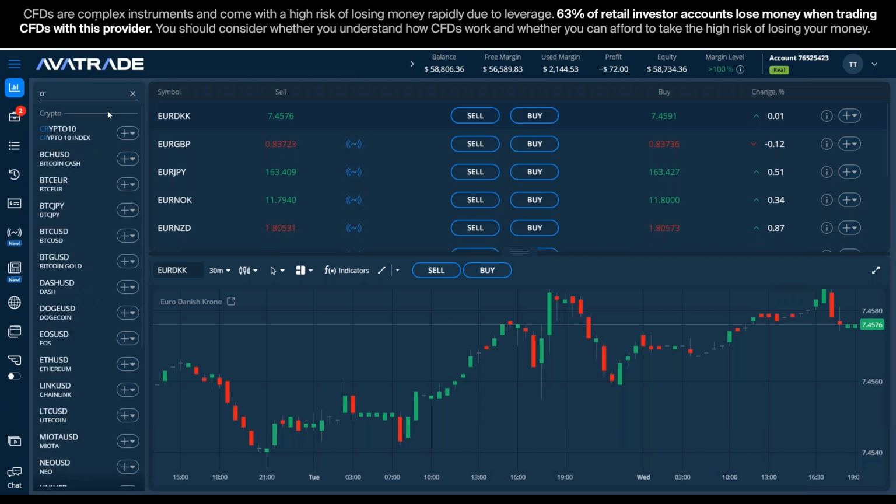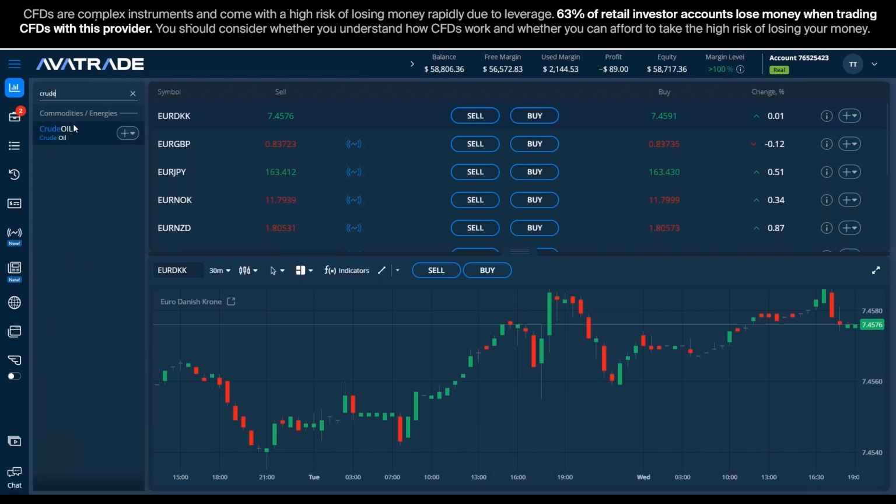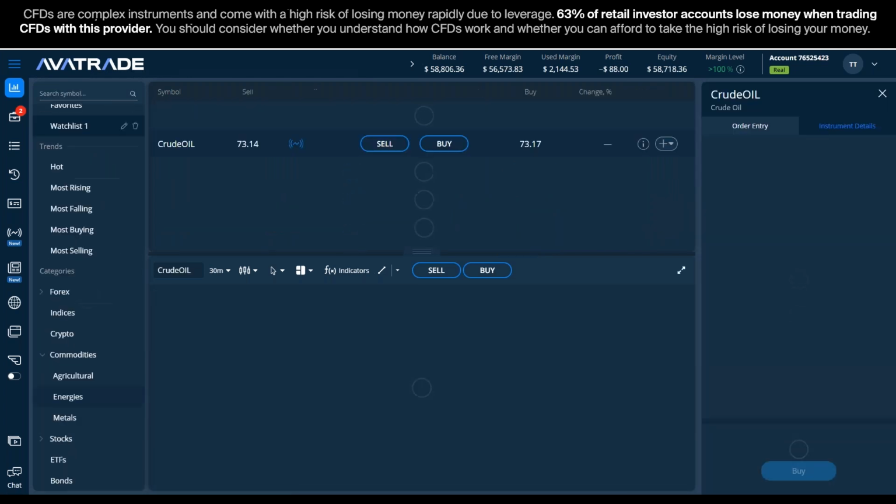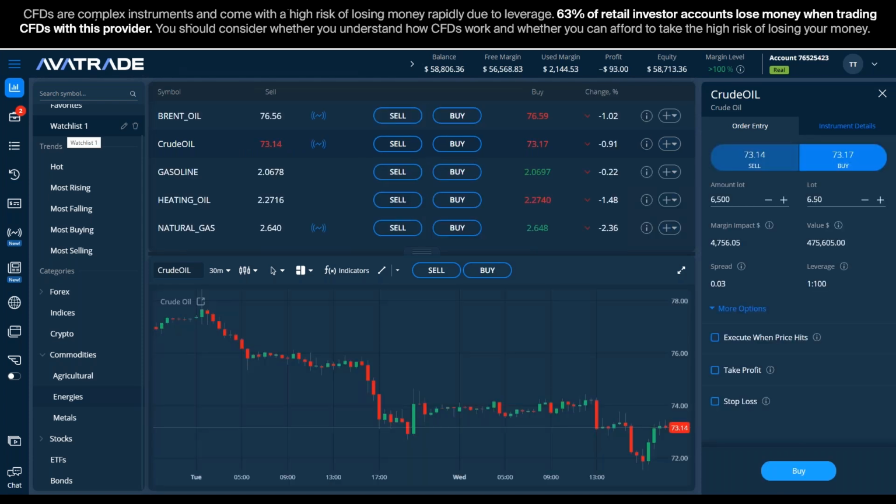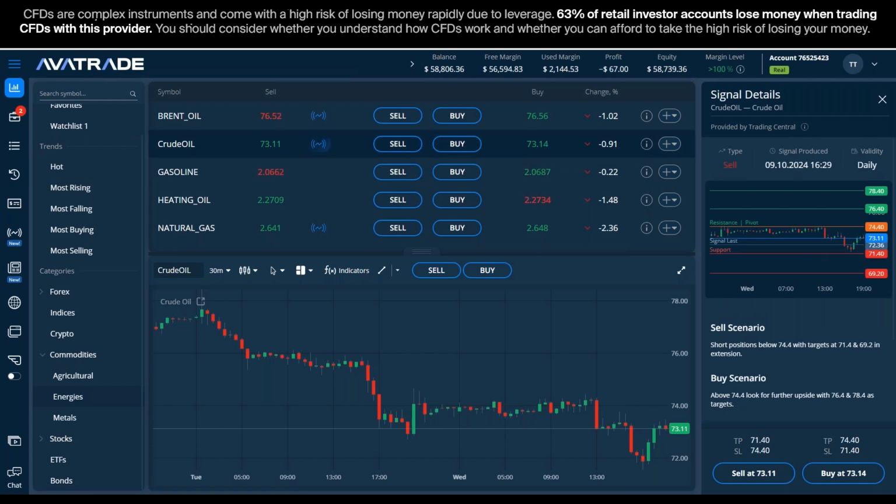Crude oil is interesting. With all the tension in the Middle East, there could be fear of disruption of oil supply, and not just out of Iran, but out of other areas in the Middle East that could be disrupted if there's a larger regional war that breaks out. And so, I think I saw a sell signal on crude oil today, and there it is.